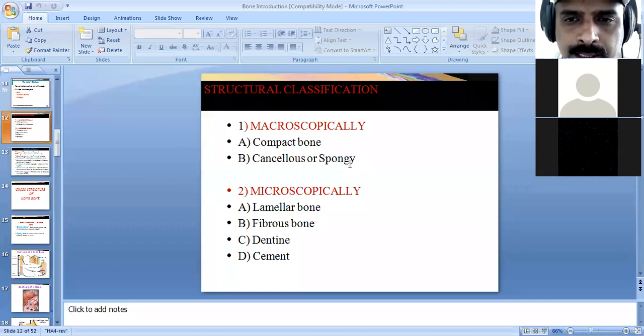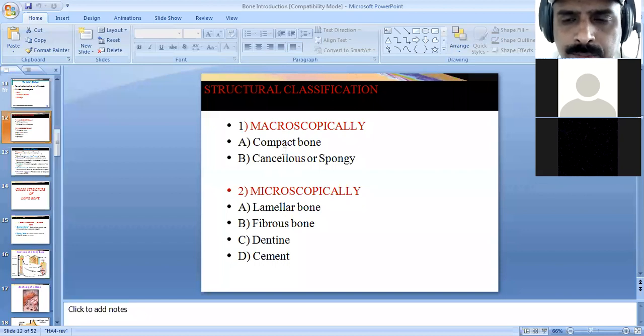I will show the diagram afterwards. Macroscopically we can see with the naked eye. Microscopically, we see under the microscope in a bone section, the parts we call lamellar bone, fibrous bone, dentin, and cement.